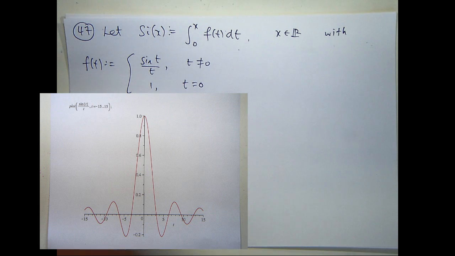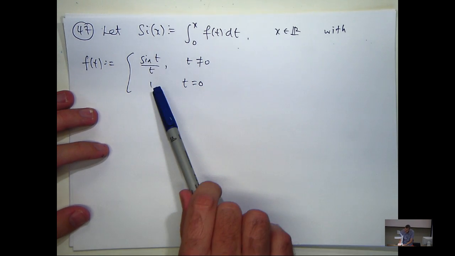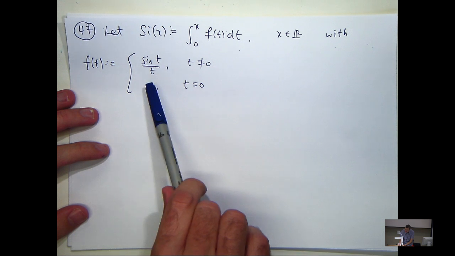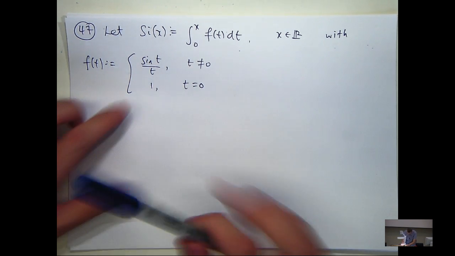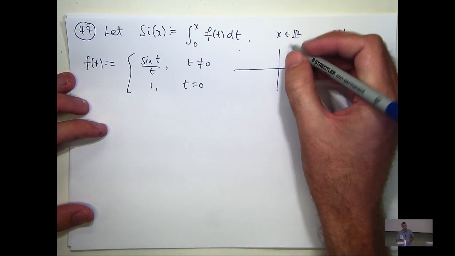I did have a picture somewhere of this, but it seems to have disappeared. Anyway, let's have a look at the function. F of t is continuous, okay? So if you cover that up, it's got a removable discontinuity that you can just plug. So it looks something like this.